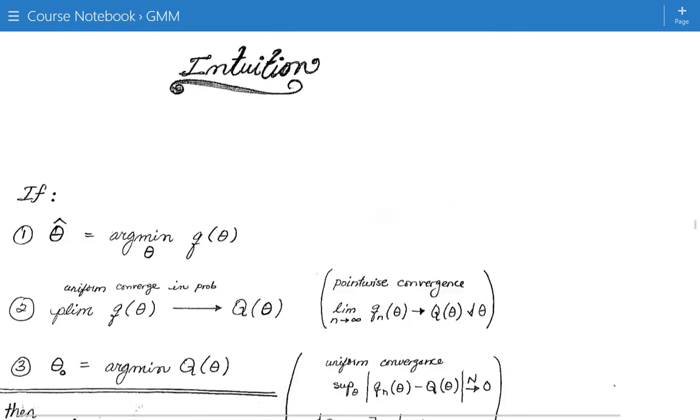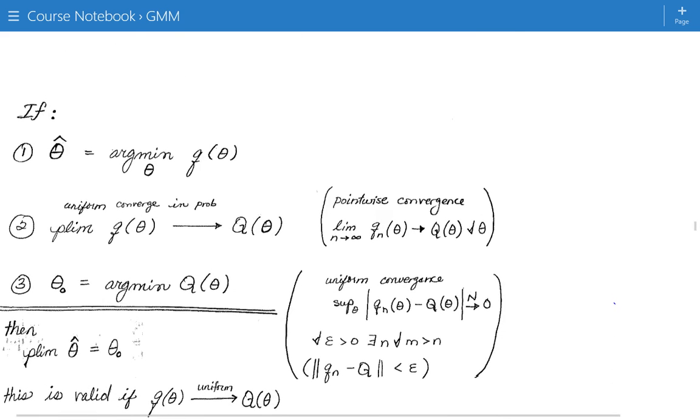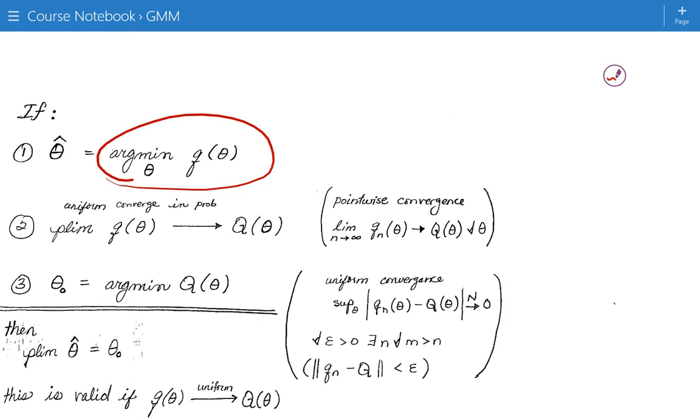So the intuition behind consistency is that our estimator, theta hat, is the value that minimizes the sample moments.